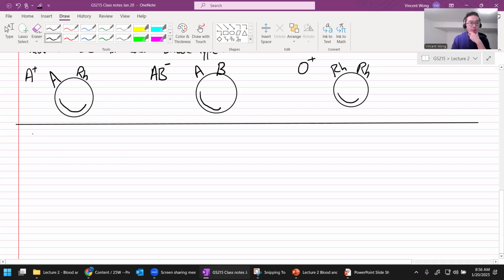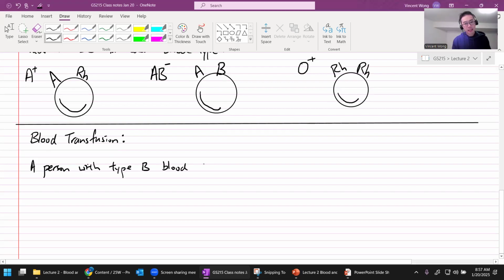Okay, so let's talk more about blood transfusion. So let's think about this again in the context of ABO to help you ease into the RH blood transfusion. I know we talked about this already at the beginning, but humor me, stay with me. A person with type B blood has what kind of antibodies?